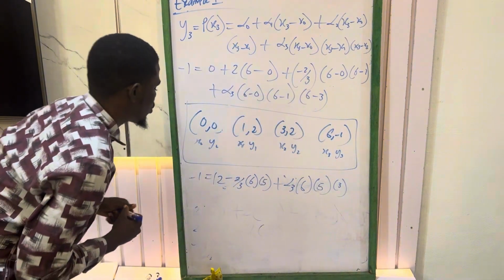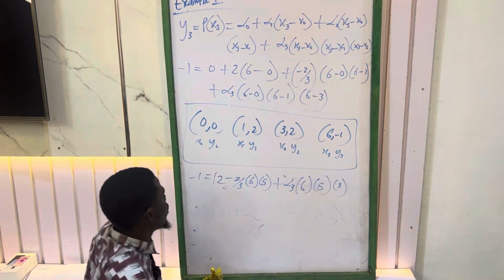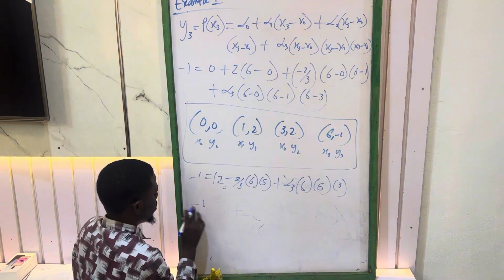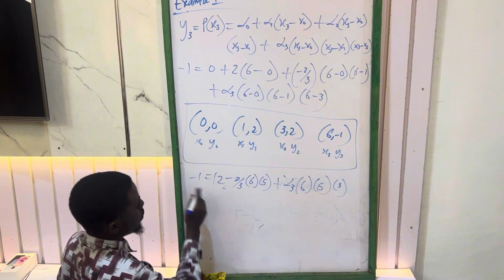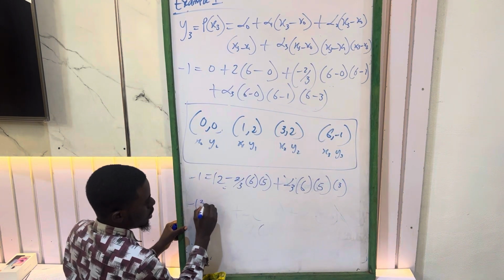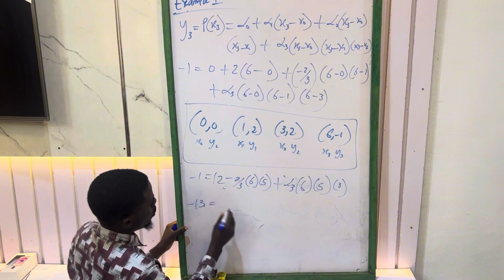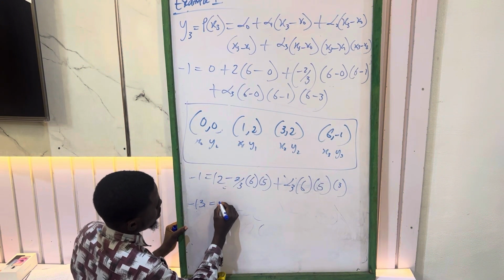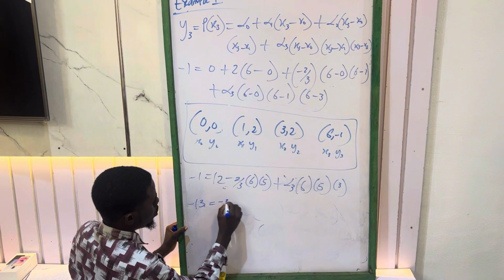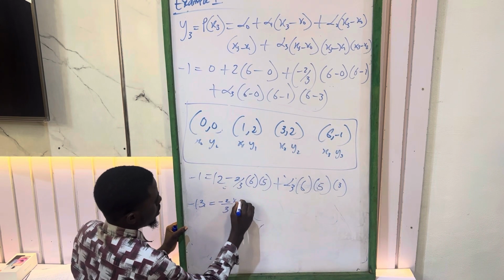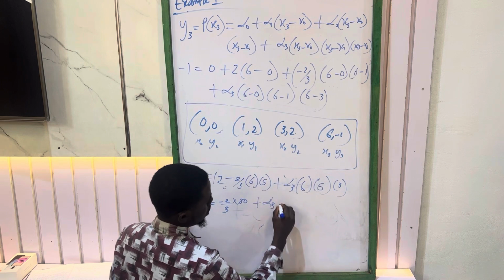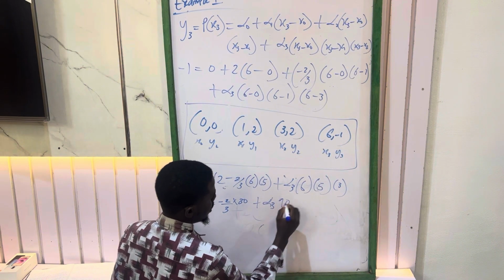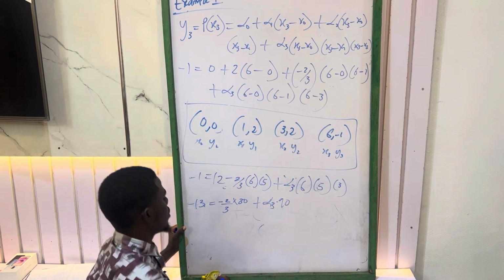So now on further simplifying this, let me just take this 12 to this place. I'm going to have minus 13. It's going to be equal to minus 2 over 3 times 30 plus alpha 3 bracket 90 multiplied by 90.